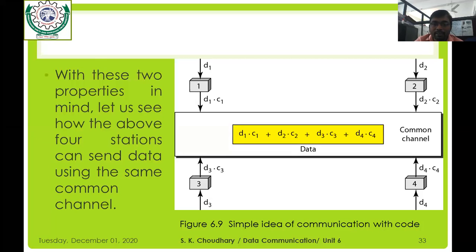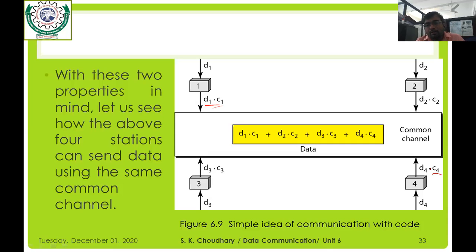With these 2 properties in mind, let us see how the above 4 stations can send data using the same common channel. Station 1 has the data D1 and code C1, so its output is D1 into C1, then D2 into C2, D3 into C3, and D4 into C4 for all 4 stations, sharing the common channel.